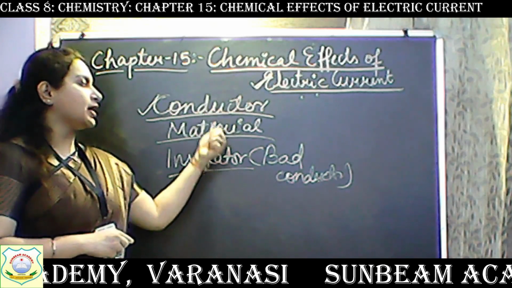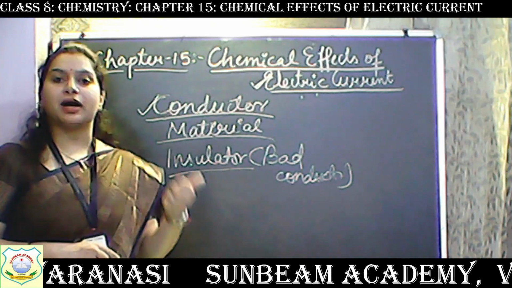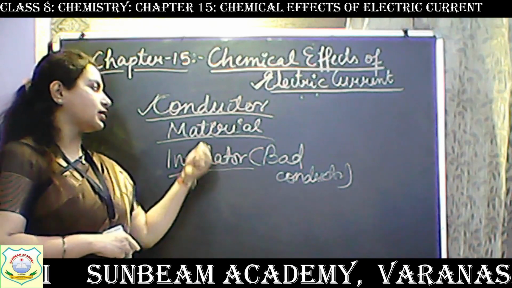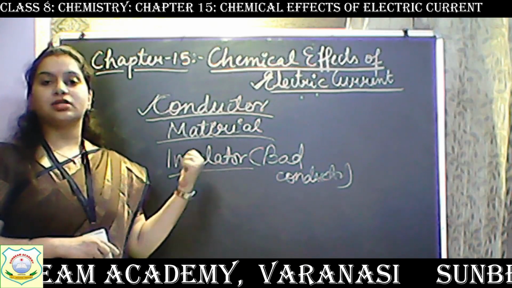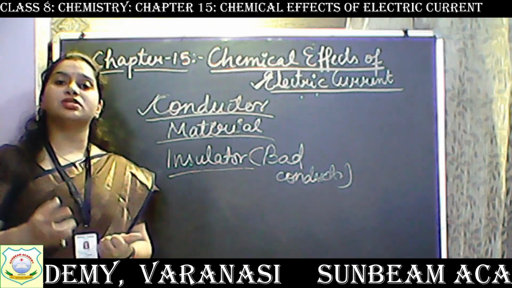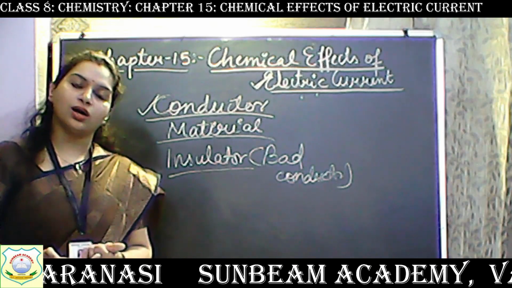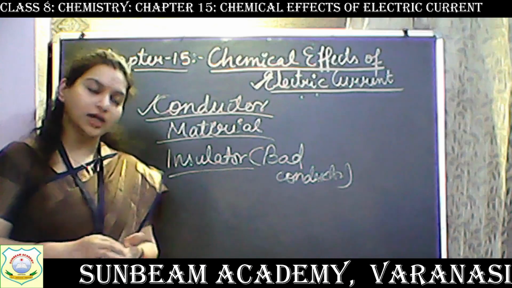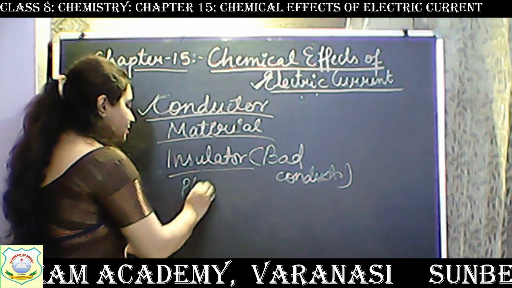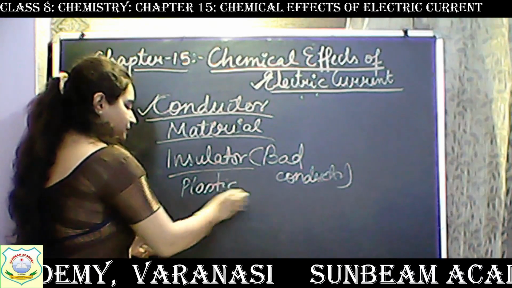A material through which electricity passes is called a conductor, and a material through which electricity cannot pass is called an insulator. Like plastic is an insulator.